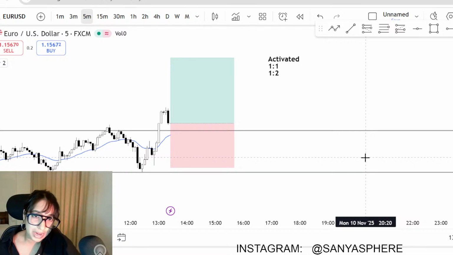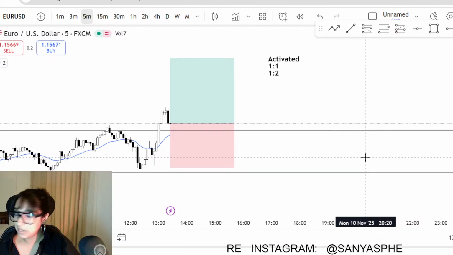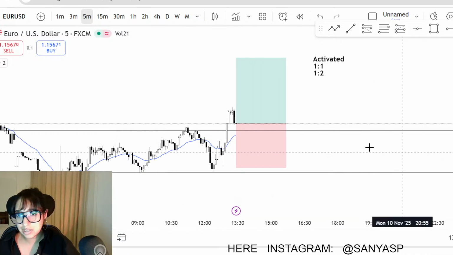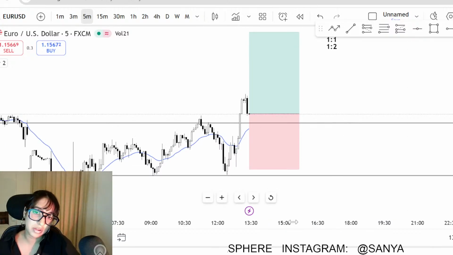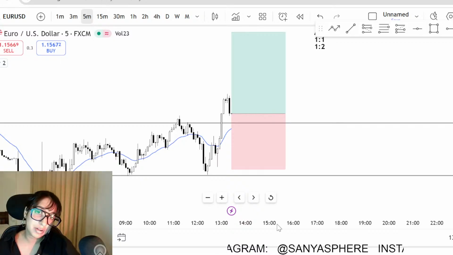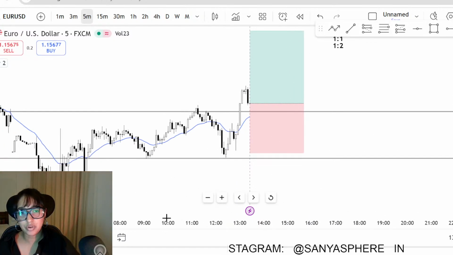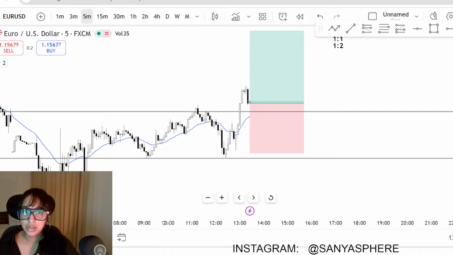I'm like, I don't care. My setup says to buy, so I'll be buying. I don't care if liquidity is taken out or whatever is happening, because I have a playbook, I have rules with my strategy, and that trade played out in my favor. If you don't have certain rules and a certain playbook in your system, you won't be going anywhere.